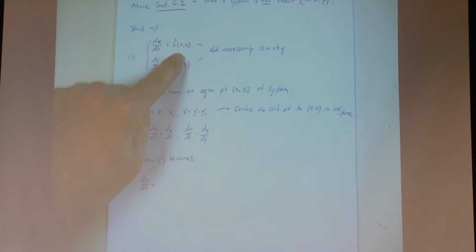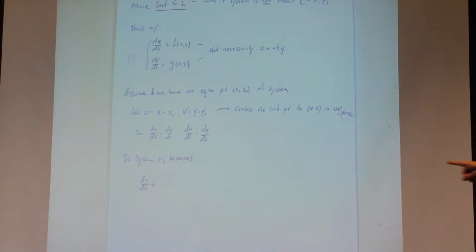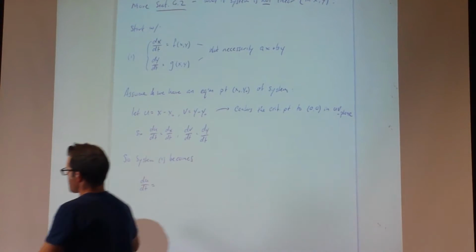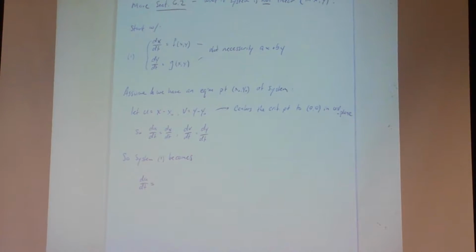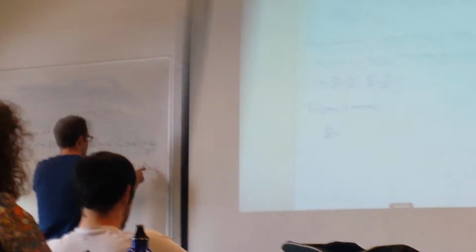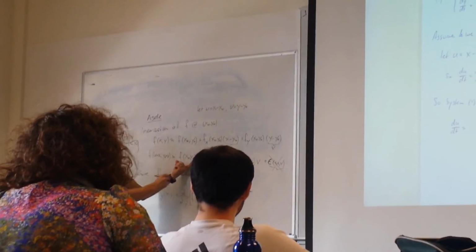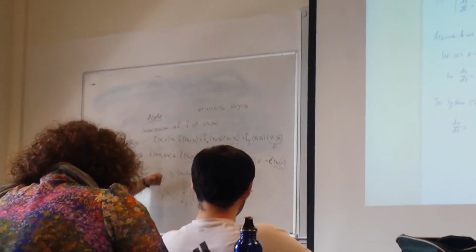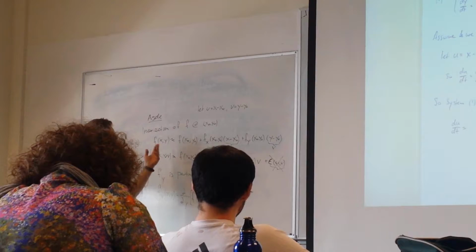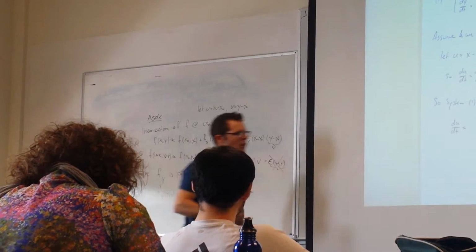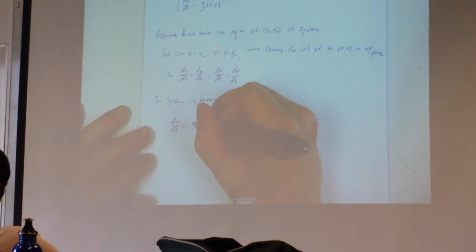equals, and f of x, y, I'm going to replace f of x, y with its very close approximation, this guy. As u and v approach 0, of course, then I get just a true statement. So I'm going to replace f of x, y with its approximation.